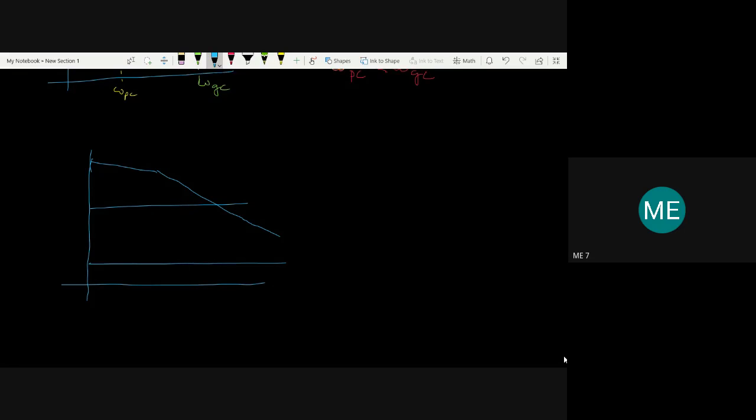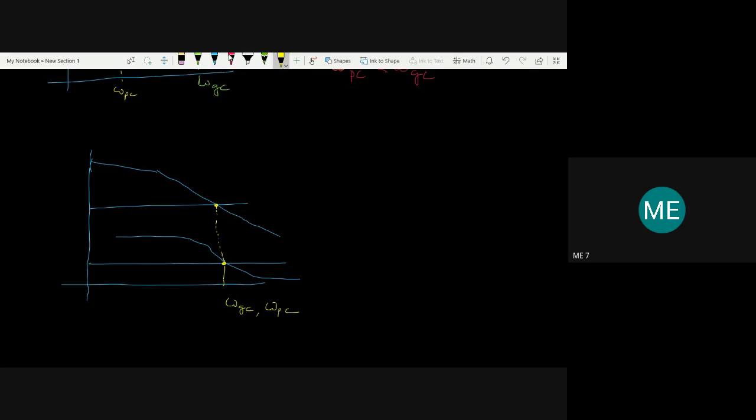Assuming it crosses the phase angle plot like this, this point we call omega GC. Here the same point, if you plot the line, both are at the same value, that is omega GC is equal to omega PC.